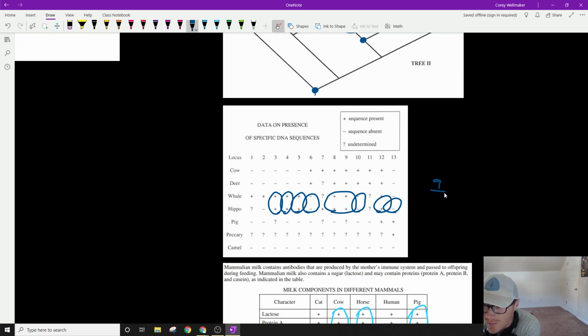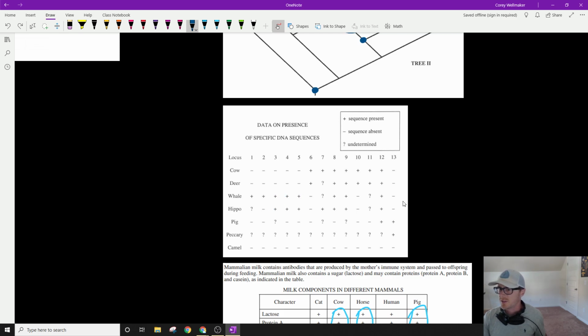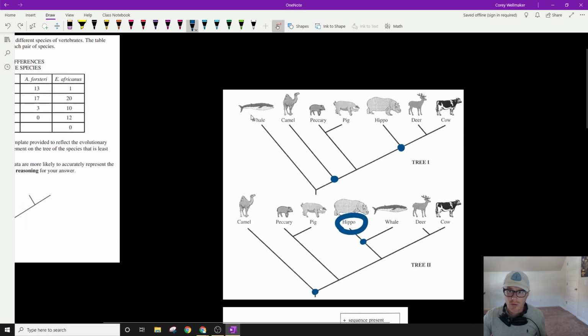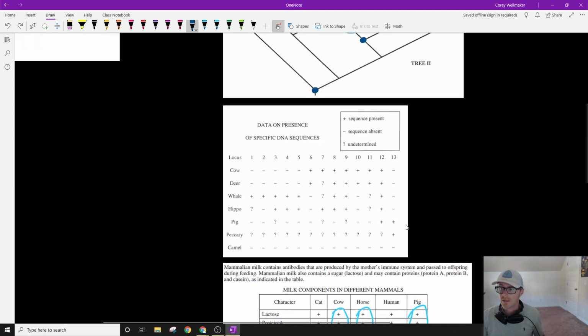So 9 out of the 13 locations that we're looking at, there are similarities between the whale and the hippo. So that doesn't really make sense, because the top one is saying that the hippo is more closely related to the deer and the cow. So there were 9 out of 13 similarities between the hippo and the whale.